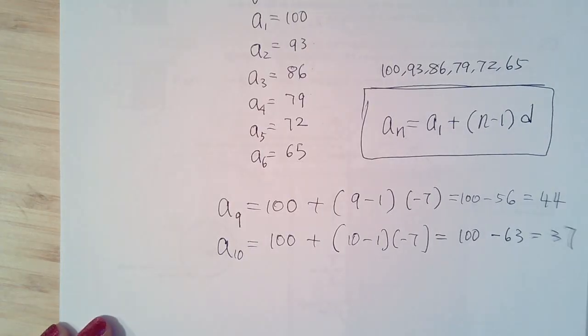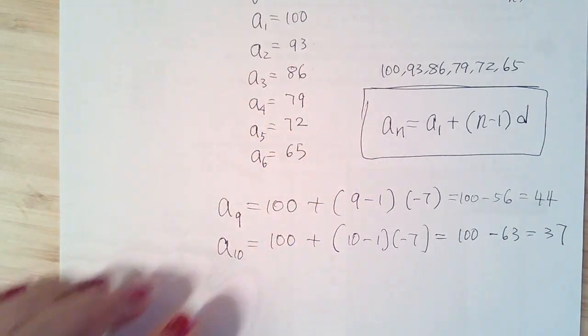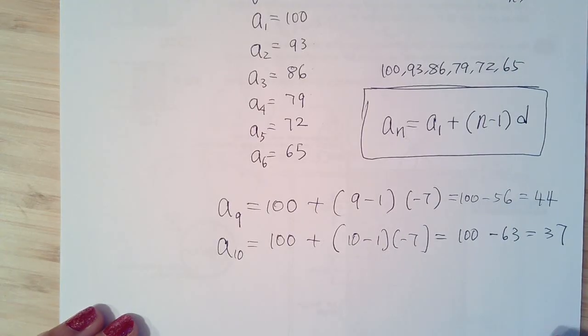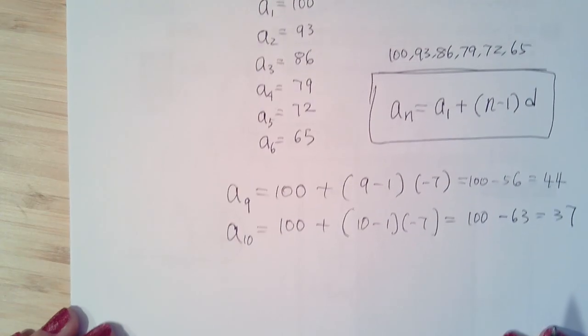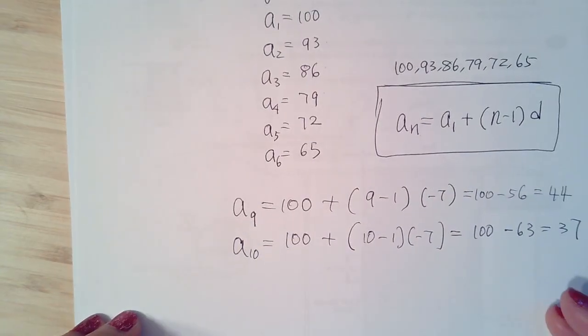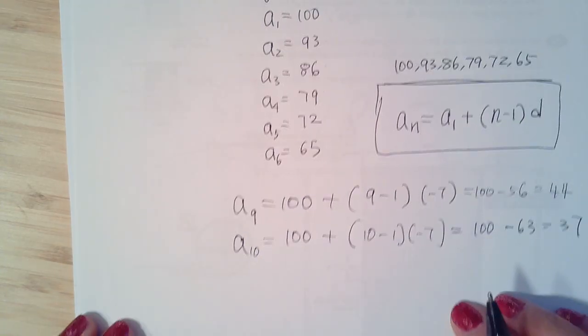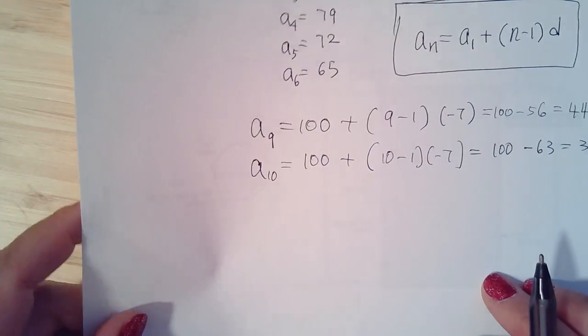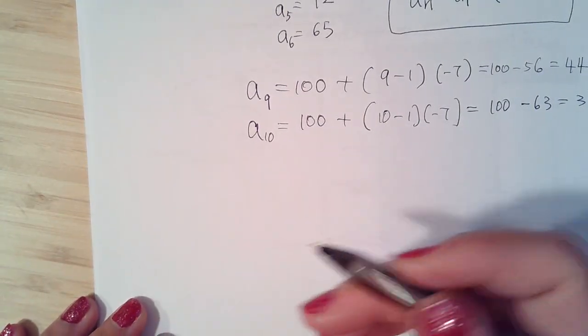So that's the important formula for an arithmetic sequence. It's very, very easy. Next, we're going to talk about the sum of the first n terms. There's a formula again.